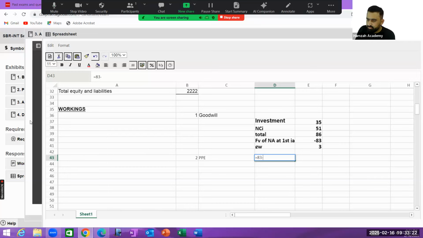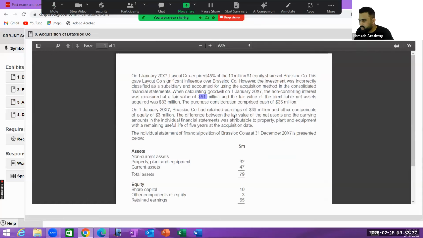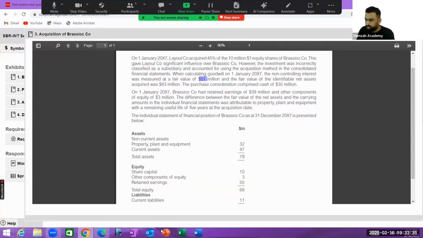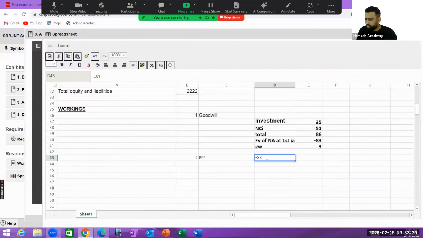If you deduct from this 83 the carrying value of the retained earning at the date of acquisition, 39, other component of equity, 3, and share capital, 10: so 39 is the retained earning, 3 is the other component of equity at the date of acquisition, and share capital was 10 million.